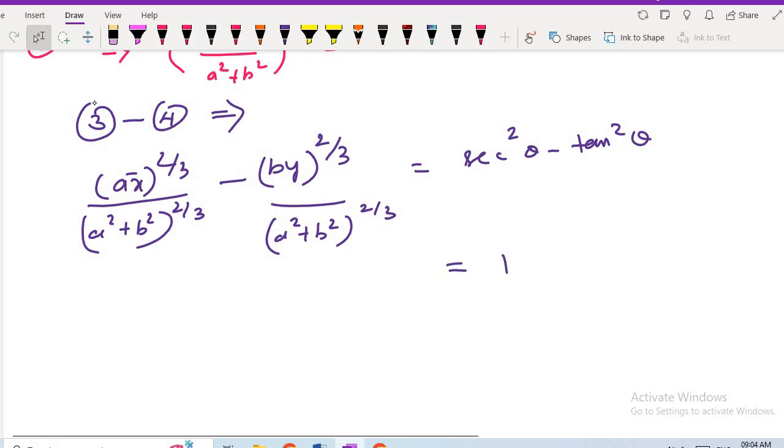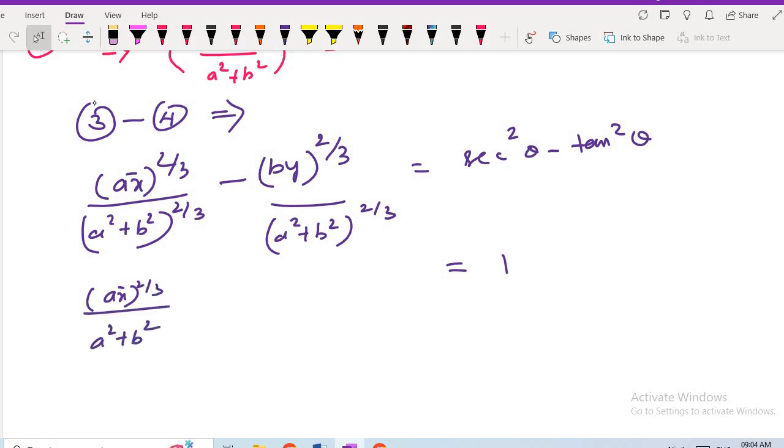And this side we are getting ax bar power 2 by 3 divided by a square plus b square power 2 by 3. On this side, the denominator is common, so we can add the numerator. The numerator is minus by bar power 2 by 3, and the denominator whole power 2 by 3.